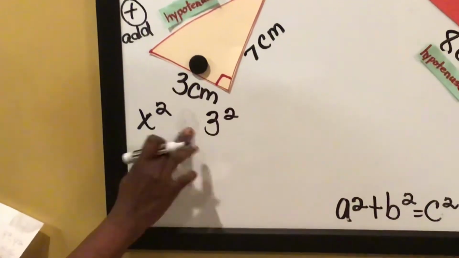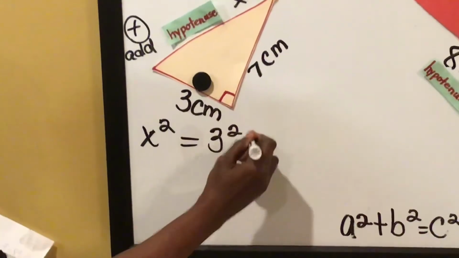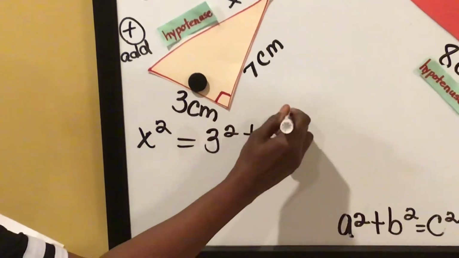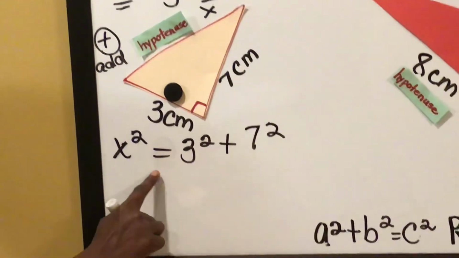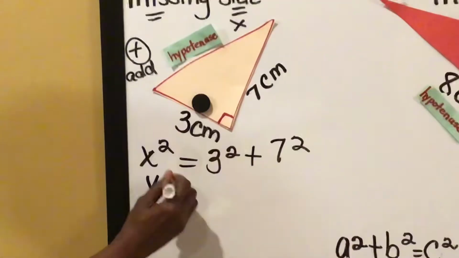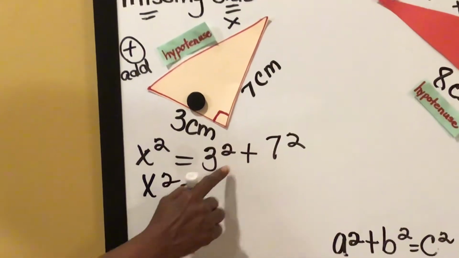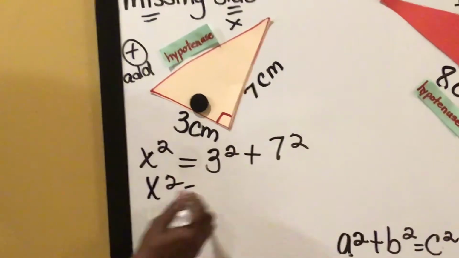A squared, that's an equal sign, I apologize. X squared equals 3 squared plus 7 squared. There you go. Now we're going to move our x squared back down, and we're going to multiply this number by itself. What's 3 times 3? 9.